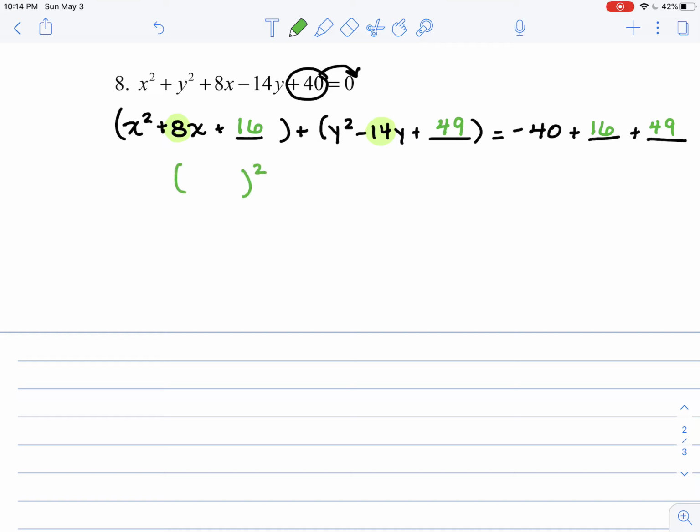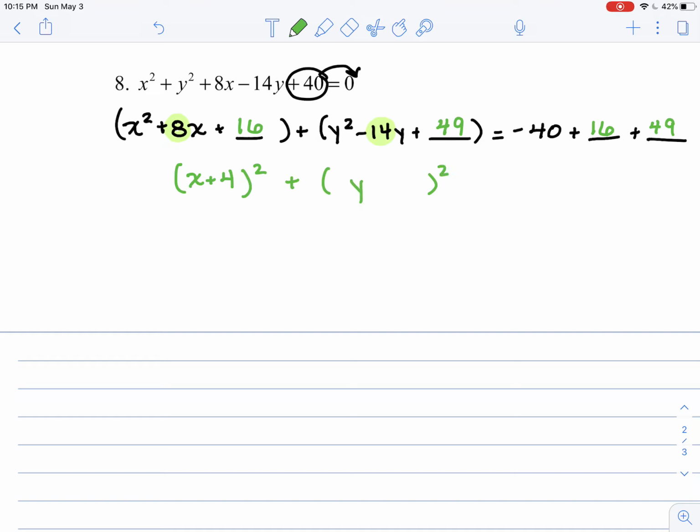Now I can factor. So for the x's, when I think about what two numbers multiply to 16 but add to 8, those two factors would be 4 and 4. So this factors into x plus 4 squared.